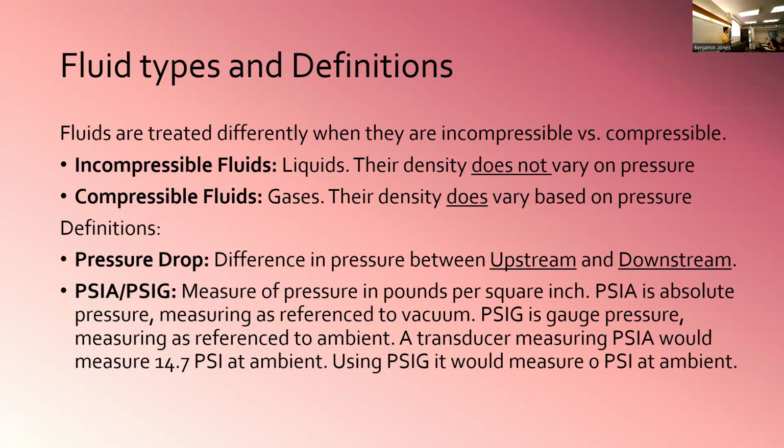So a pressure gauge in my hand right now would measure 0 PSI, but an absolute pressure gauge would measure 14.7 PSI, or whatever the pressure in this room is, because PSI absolute is measured with reference to vacuum. It's also important to understand that difference because when you're calculating mass and volume, you want to use absolute, but whenever you're using typical difference in pressure or you're dealing with pressure gauges or your data, it'll be in gauge.